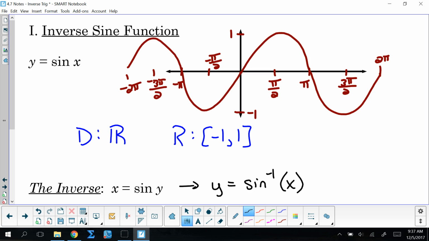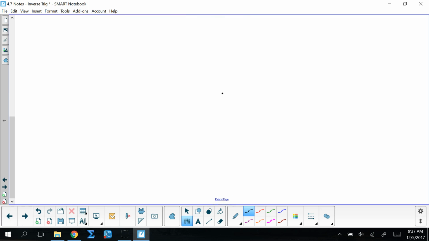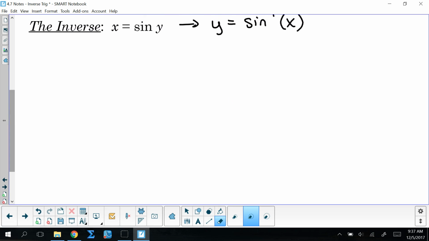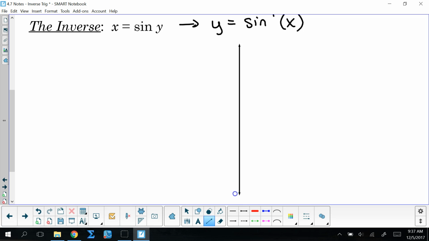Okay. Let me make my axes. So now, on the x-axis before was all of our pi's, and we went by pi over 2.